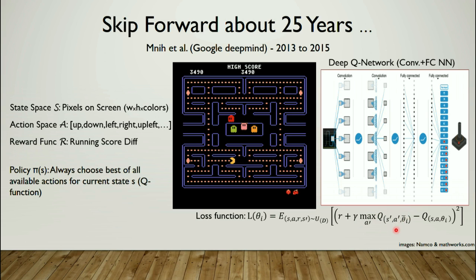This interval synchronization between the two leads to more stability. Whereas in classical Q learning, remember, these were the same: this was the lookup on the table, and this was a lookup from the same table. In this case, this one is always a little bit behind, which means it has more stability.